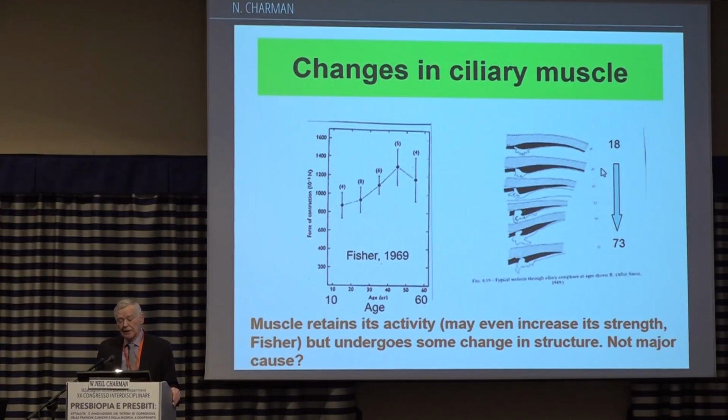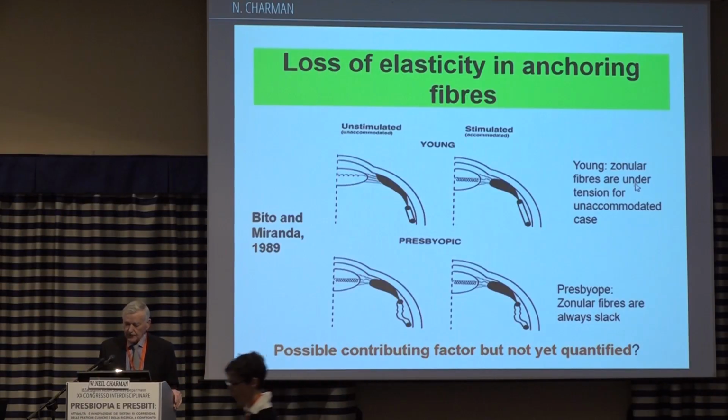But if you look on the left-hand side there, you'll see the force that the muscle can exert, and that remains pretty much unchanged up to the age of 60, and later measurements further out have shown that the ciliary muscle can still exert force. And of course that's enormously important in the surgical context where you're trying to develop accommodating intraocular lenses and so on. At least you've got force from the ciliary body.